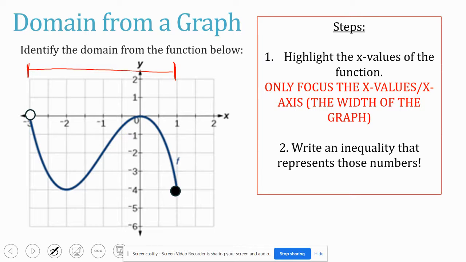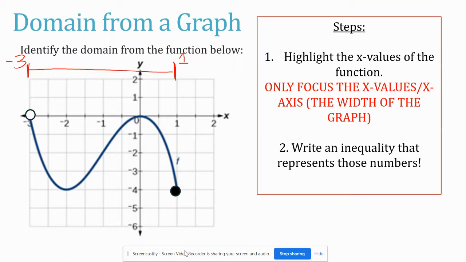Okay, so it's going from here to here. Now, once we have that highlighted, we see, okay, this is a -3, it's an open circle, and this is a 1 closed circle. So -3 is not going to be included in our domain, and 1 is going to be included in our domain. So if you want, you could even write the numbers above it or next to it, so you know those are the two numbers we're focusing on.